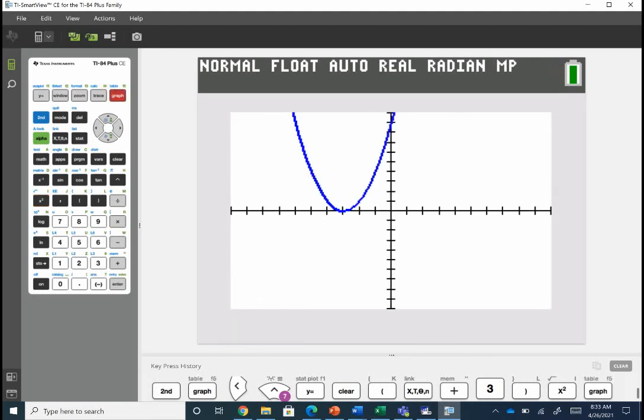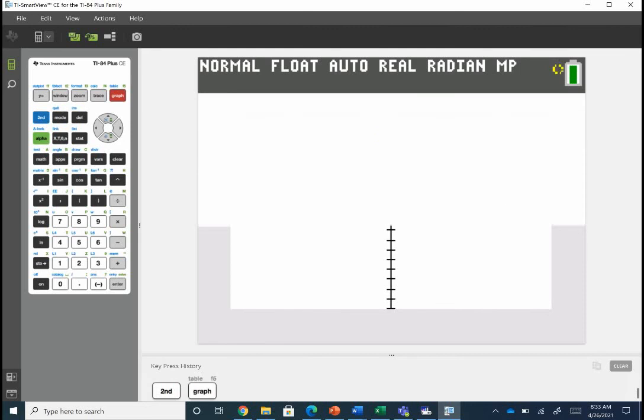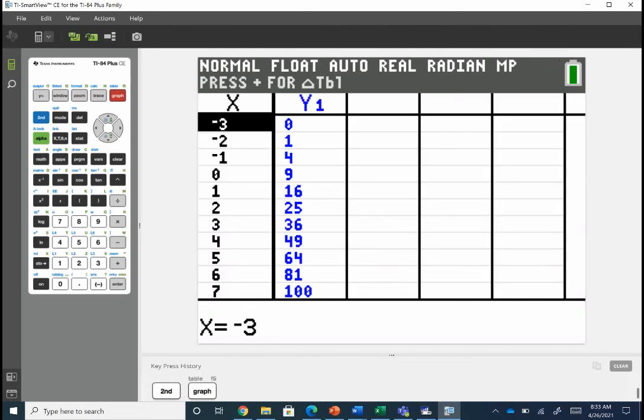So adding 3 inside those parentheses, making the 3 part of our square, made our graph go which way? It went to the left. Just like the plus 3 did as part of our exponent in our exponentials. So let's grab some values.